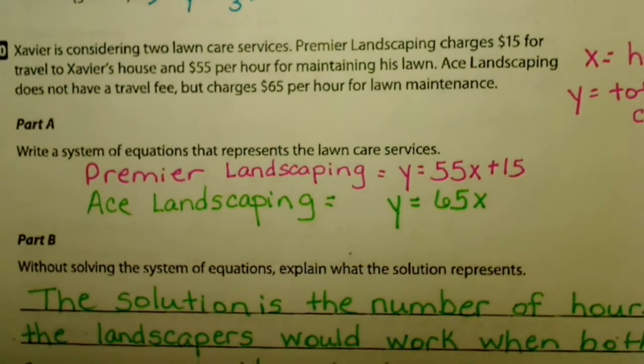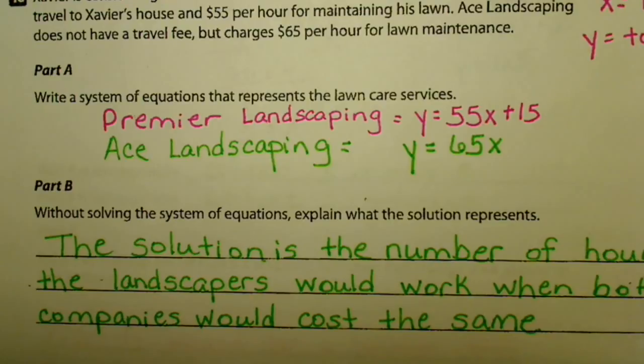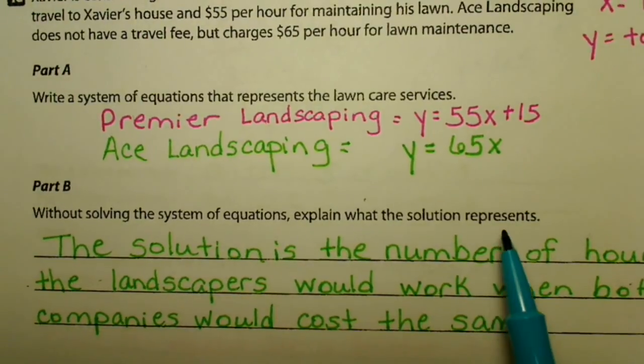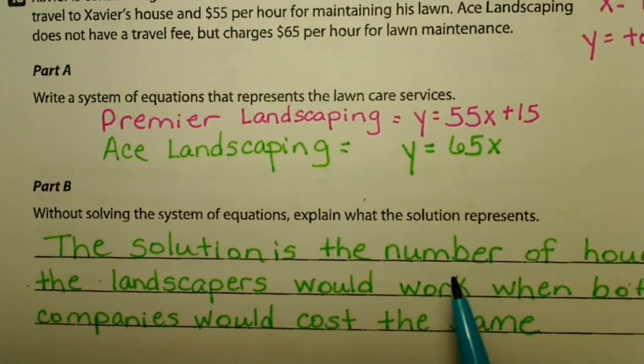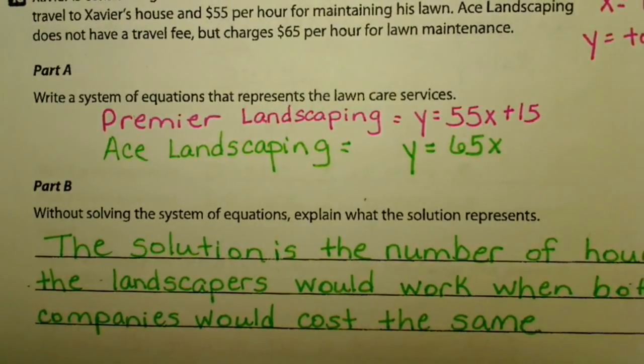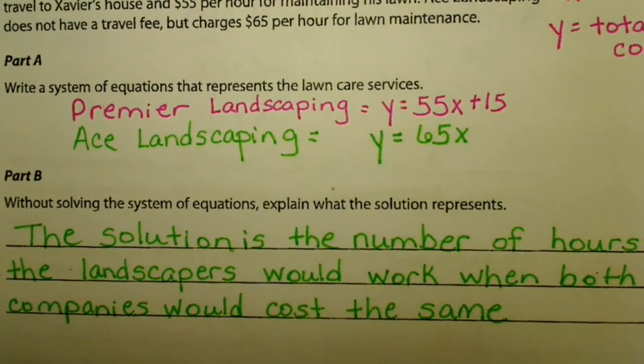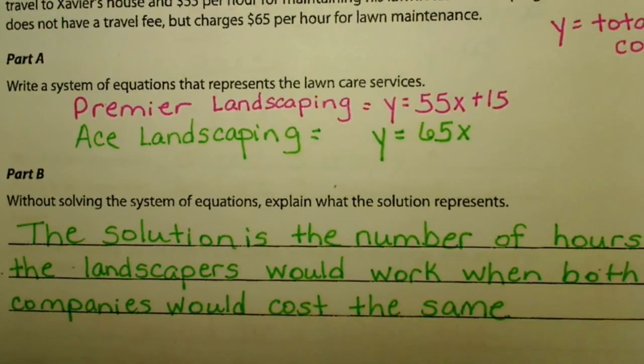Now in part B, it doesn't want you to solve it. It says, without solving this system, explain what the solution represents. So when you find the answer and get your x and y, what does that mean? The solution is the number of hours the landscapers would work when both companies would cost the same.